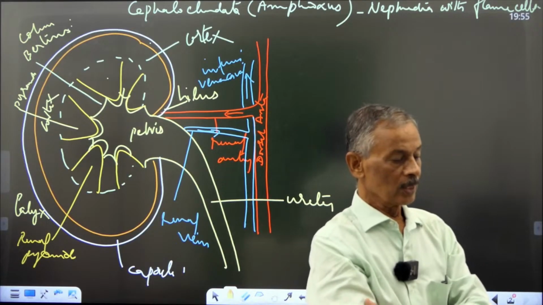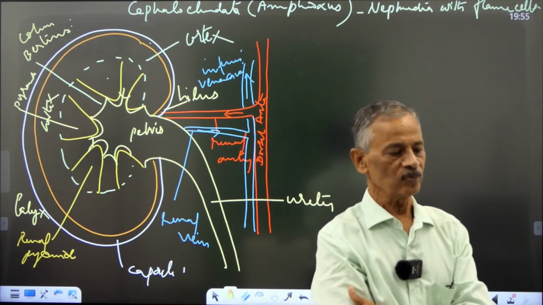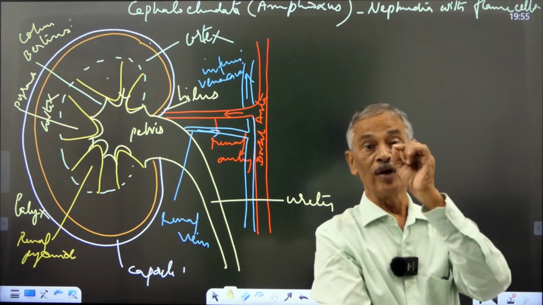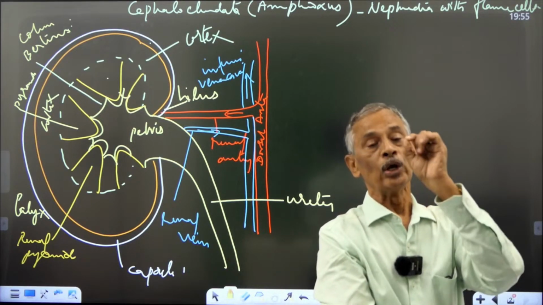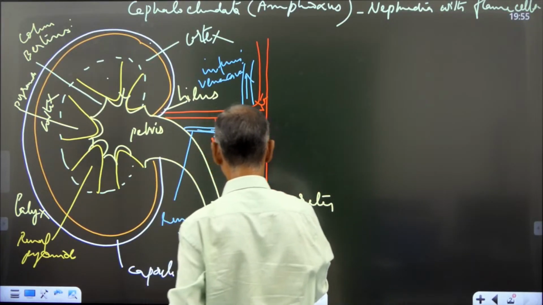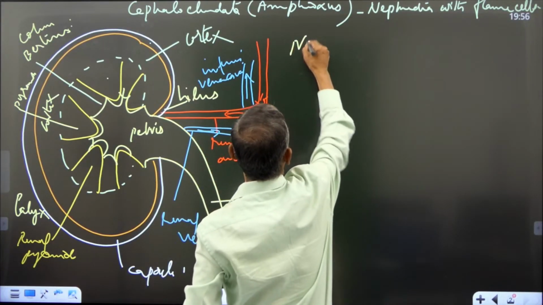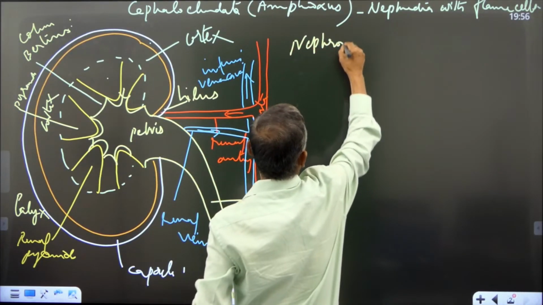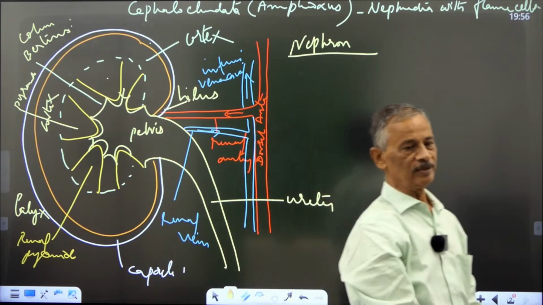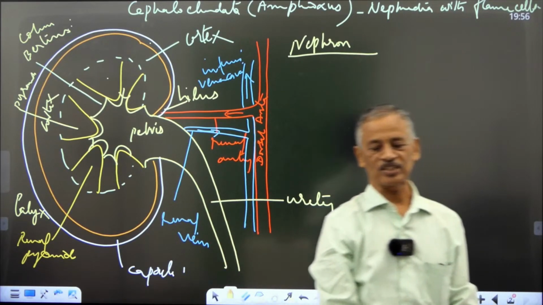Now, each kidney is made up of a very large number of very small units called nephrons. Study of kidney and associated structures is called nephrology.